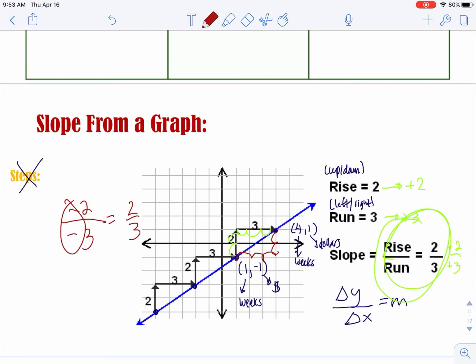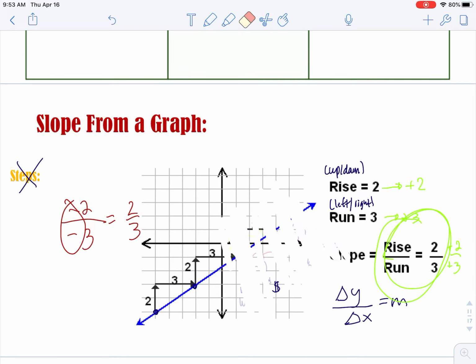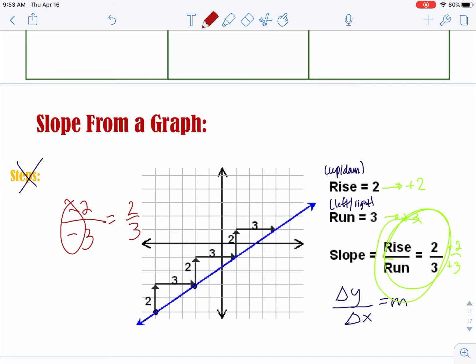You should notice that even if I had chosen, let me erase these, even if I had chosen this point and this point, I go up 1, 2, 3, 4, 5, 6, up 6, and to the right 1, 2, 3, 4, 5, 6, 7, 8, 9, to the right 9.